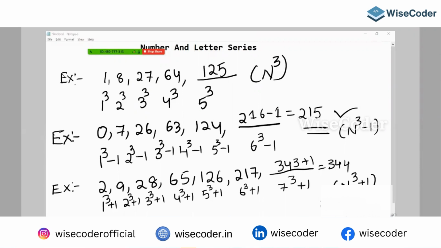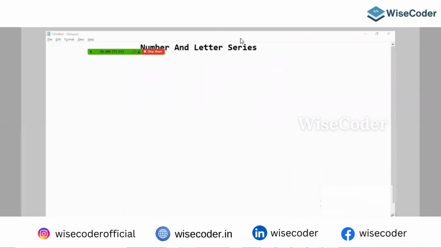So you can say this is a kind of series we call n cube plus 1 series. If this is the series, tell me the answer: 2, 10, 30, 68, 130.